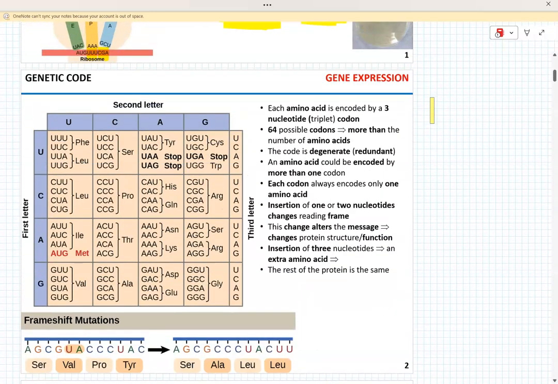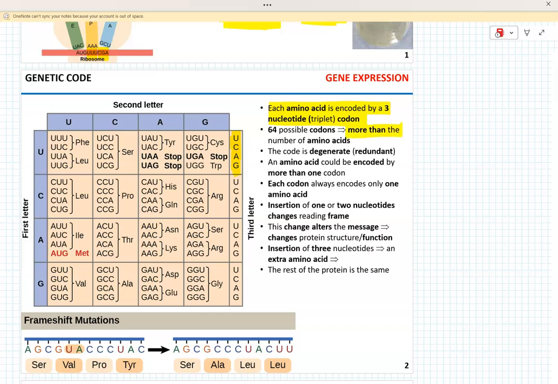We mentioned already that each amino acid is encoded by 3 nucleotides, something that is called a codon. There are 4 different nucleotides in mRNA: U, C, A, and G. Since every codon contains 3 nucleotides, there are 64 possible 3-letter combinations.